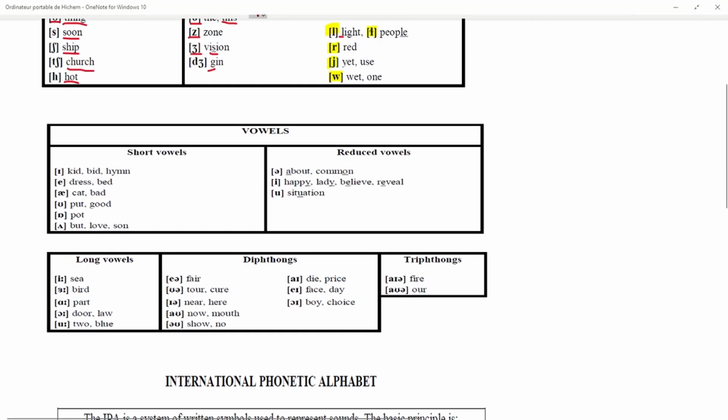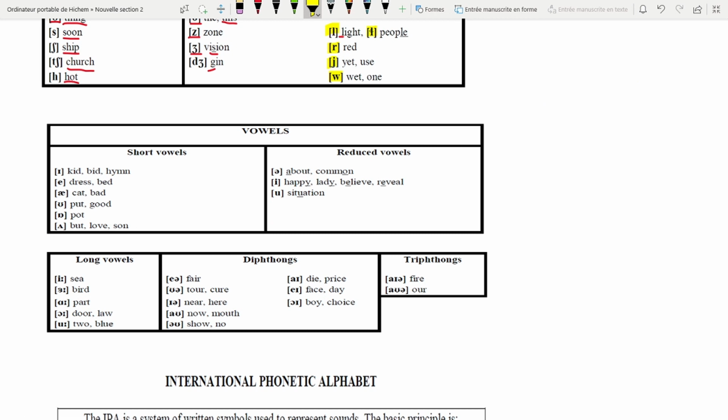Then we shall move to vowels. Again, just to remind you, this video is just an introduction so that you will be able to get familiar with the whole subject of phonetics, so you won't be scared with the symbols and everything. I will tell you this, that most teachers might not tell you: you don't have to learn these symbols by heart.